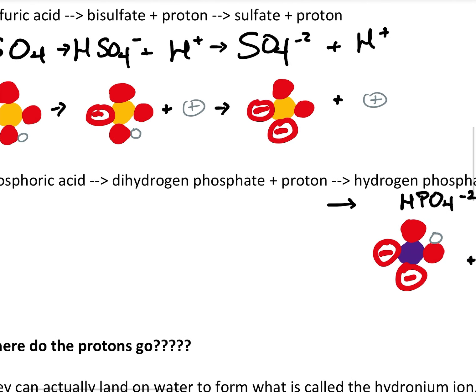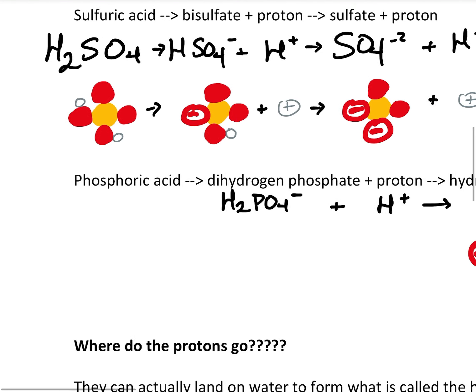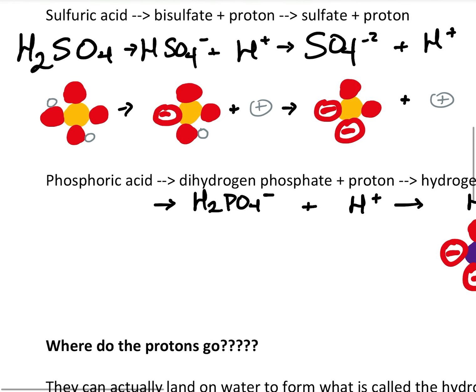All right, so dihydrogen phosphate, H2PO4 minus plus a proton. So then that means that our original formula for phosphoric acid is H3PO4.